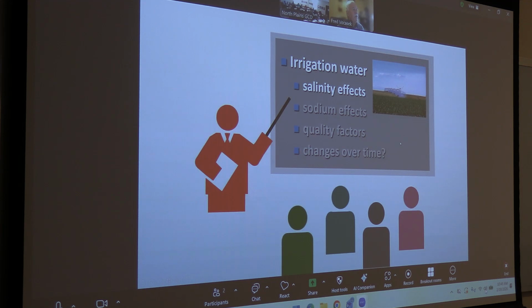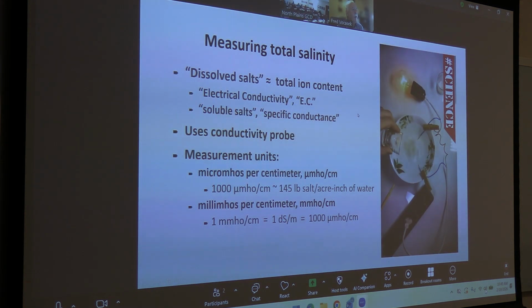Now, when we look at irrigation water, one of the things we want to look at is the effect of total salinity. And we measure dissolved salts. It's a total ion content. And you'll see a description in a lab report, electrical conductivity, soluble salts, specific conductance. And we use a conductivity. We don't measure the salts directly.